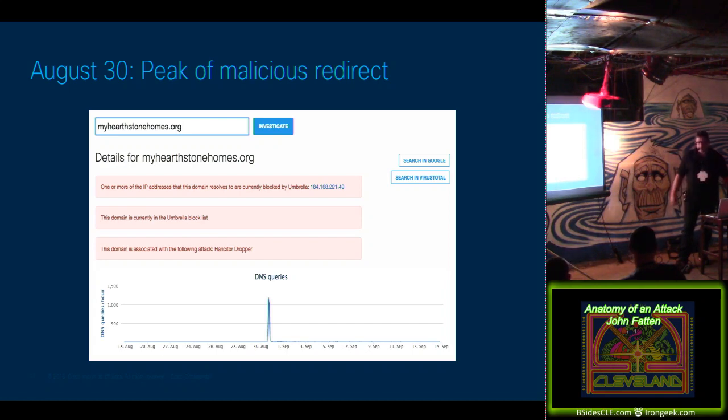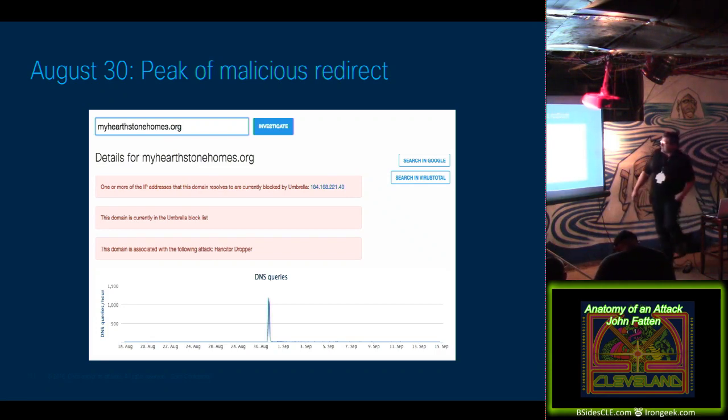So this is a look at the Cisco Umbrella Investigate product. Essentially, you can type in a URL or an IP address and start pulling back a lot of observables, or essentially intelligence about that particular domain. So in here we see myhearthstonehomes.org.